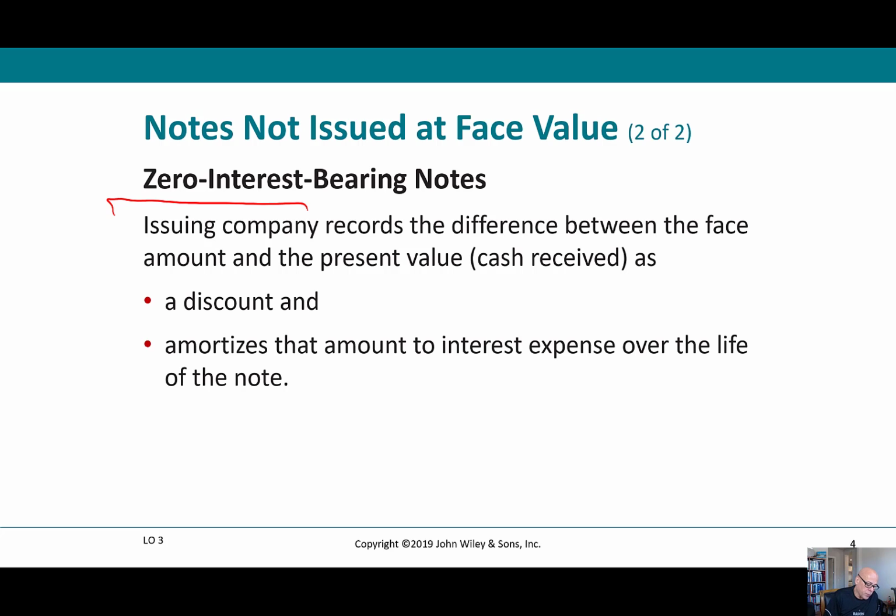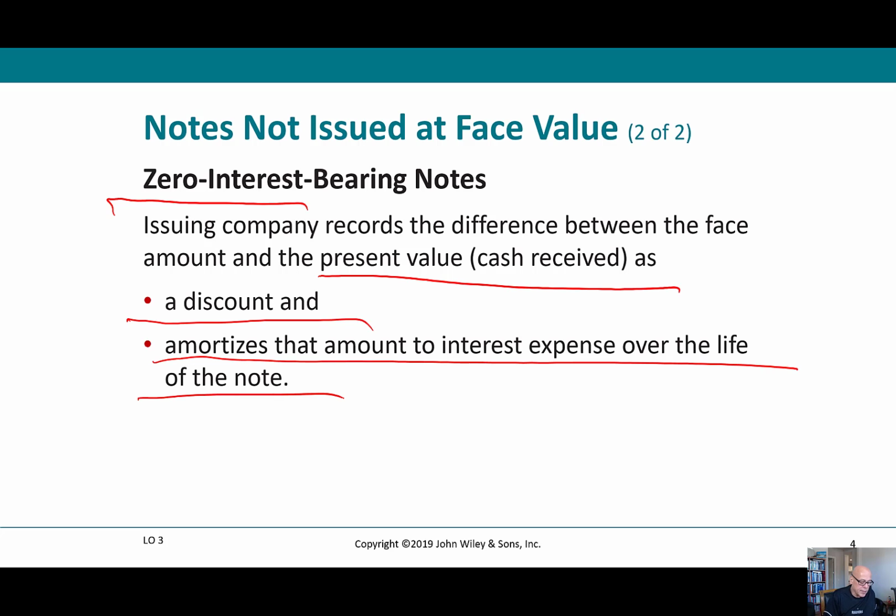Okay, so in this case, we will receive the present value of whatever cash was to be received on this note. There will be a discount, and then we will amortize that discount into interest expense. And if that all sounds familiar to you, it should, because we really studied this in the context of a short-term obligation. Only difference now is the maturity of the note is going to go beyond the first year.